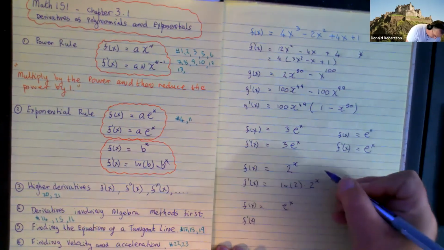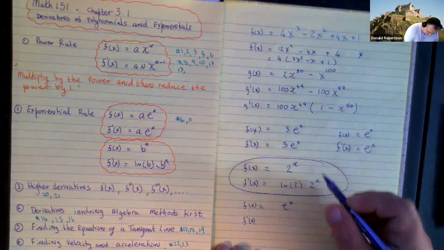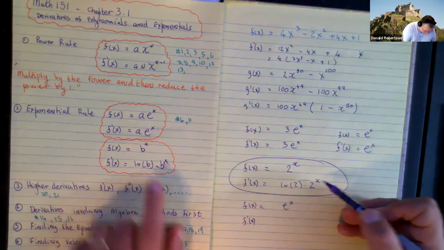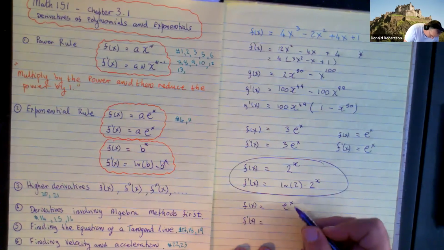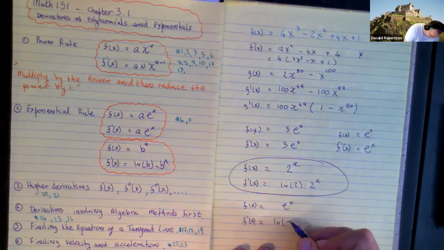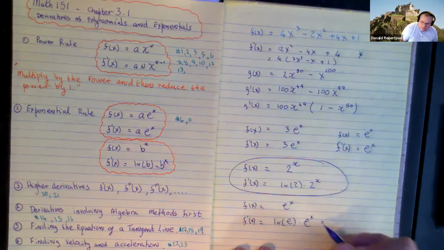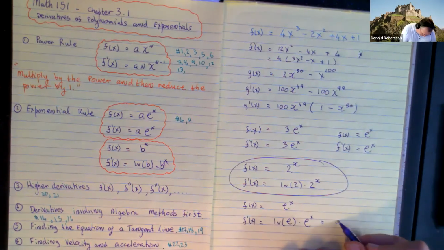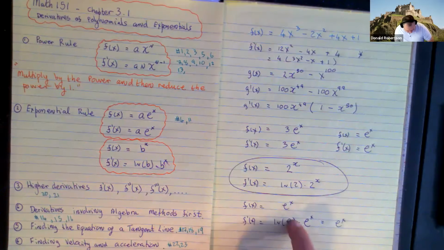According to this rule, the derivative of 2 to the x is the natural log of 2 times 2 to the x. The derivative of e to the x should be the natural log of e times e to the x. What number is the natural log of e? So isn't this just a special case of that?